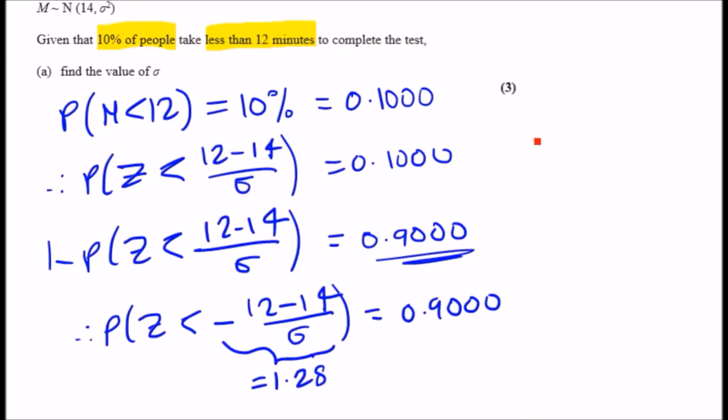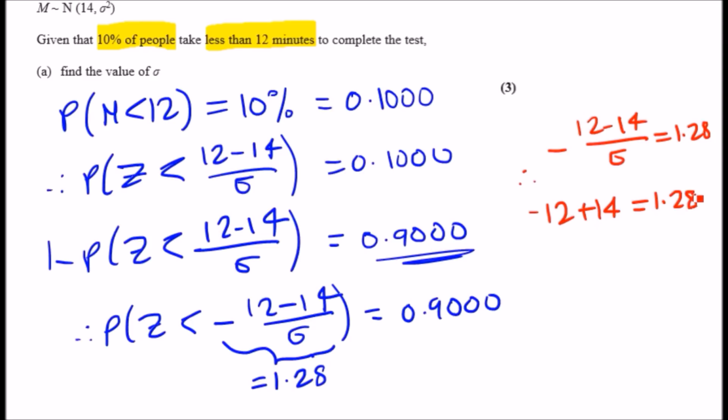Now we just solve this and find sigma. So minus 12 minus 14 over sigma must equal 1.28. Multiplying sigma across and the minus across, we have minus 12 plus 14 equals 1.28 sigma. This reduces to 2 equals 1.28 sigma.